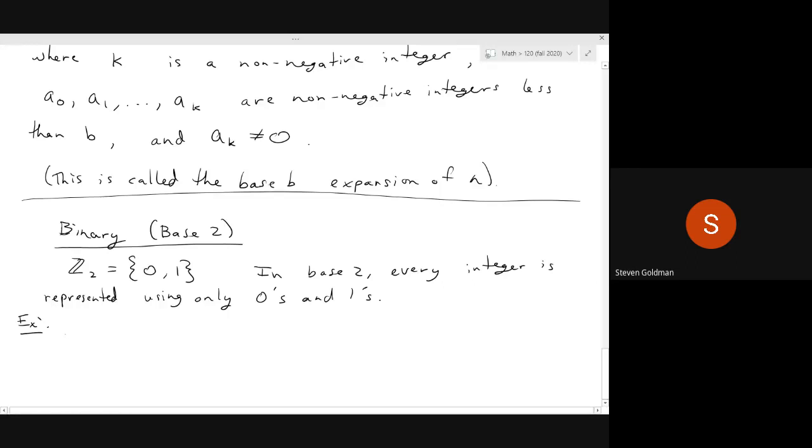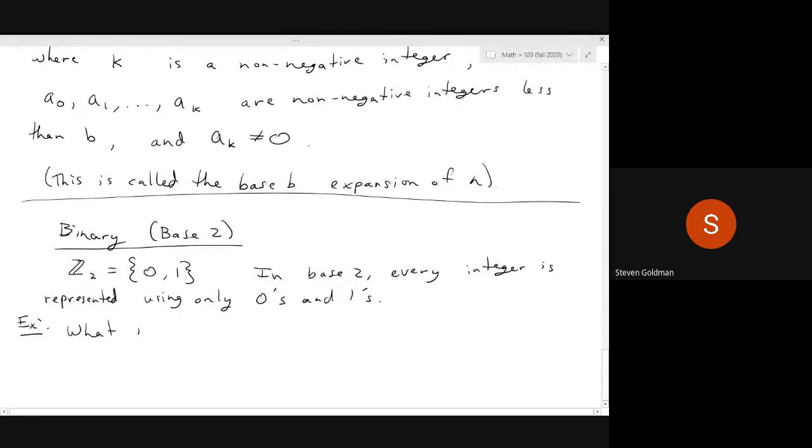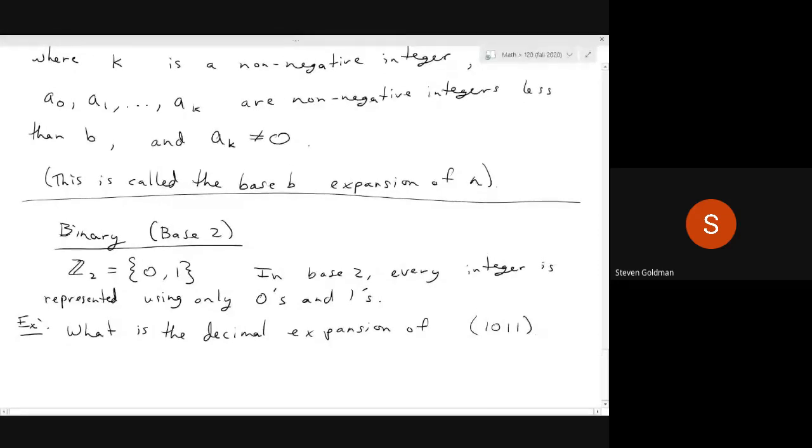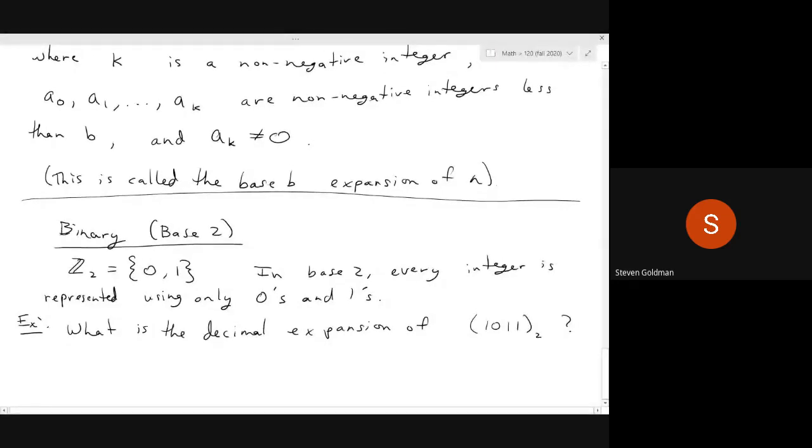So let's say I ask you, what is the decimal expansion of 1011? I've given you here 1011, written in parentheses with a subscript of 2.